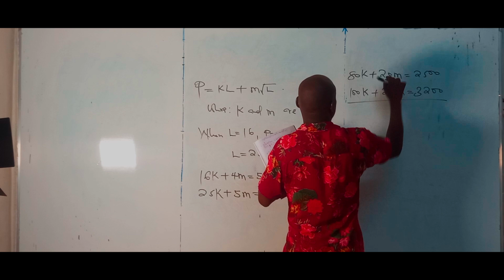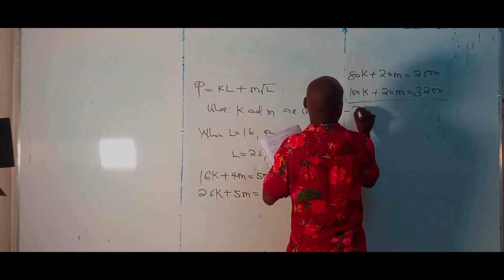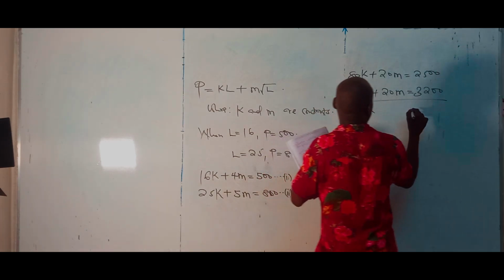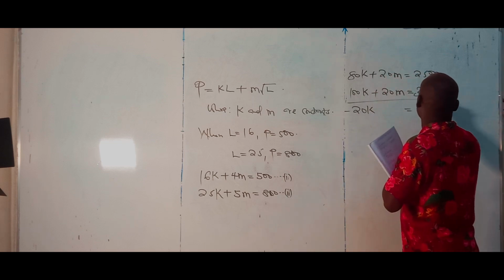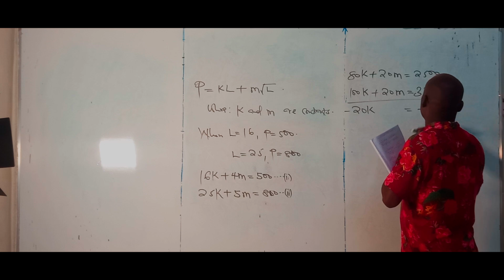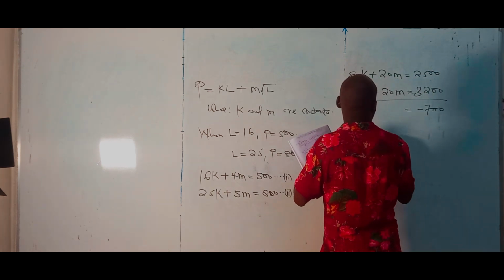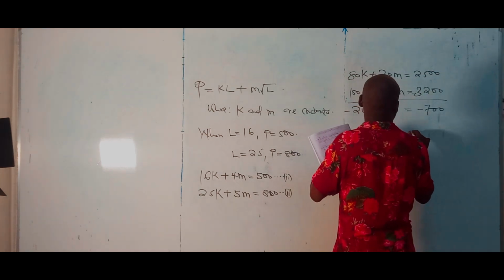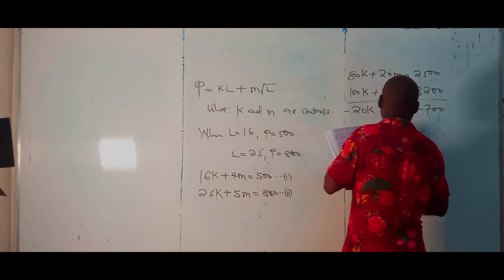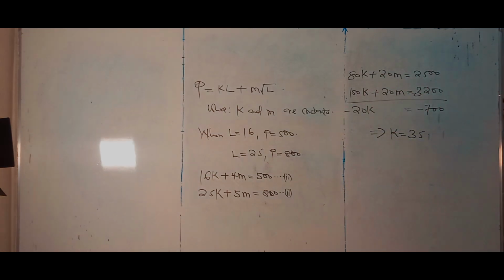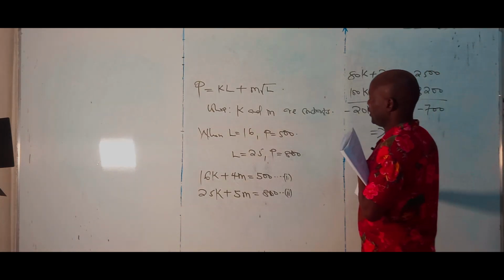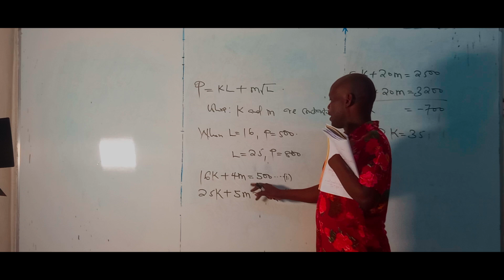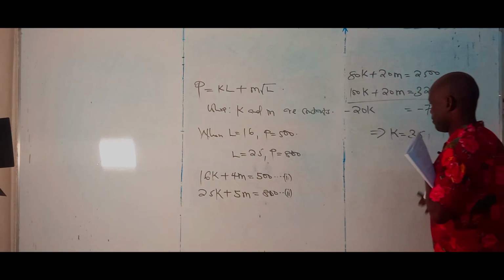If I subtract them, I end up with minus 20K is equal to minus 700, implying that K is 35. K is already 35. And if K is 35, I can substitute K in either equation to get M.